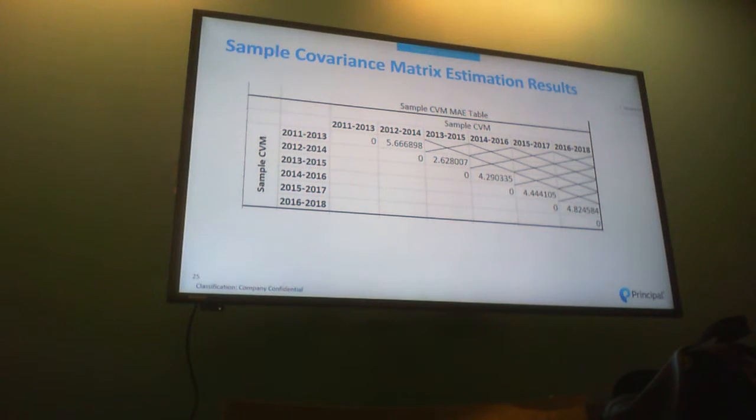Not exactly, because we keep the 70 bonds in 2012 to 2014, and then also in 2013 and 2015. Every year we keep 70 to 80% of the bonds compared to the previous covariance matrix.